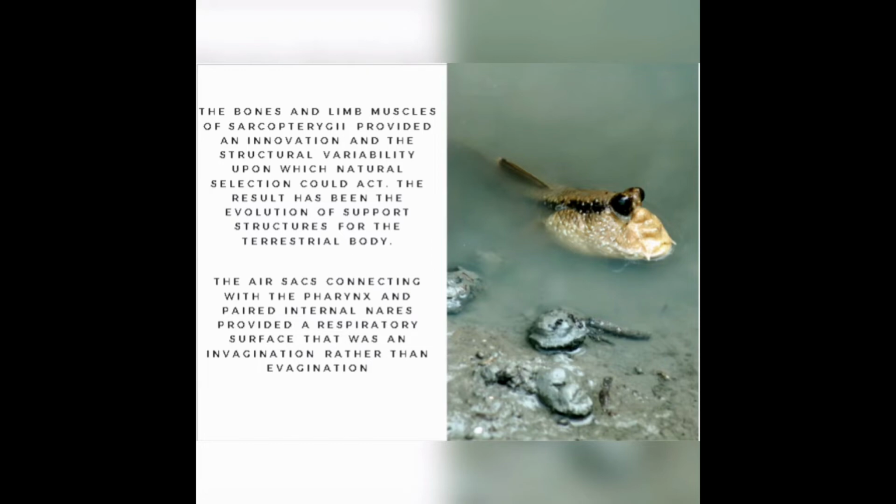This reduced respiratory water loss and provided a surface appropriate for the exchange of gases in air. These adaptations were aided by the double circulation of the Sarcopterygii, which separated oxygen-rich and oxygen-poor blood, increasing the efficiency of oxygen distribution to the body tissues.